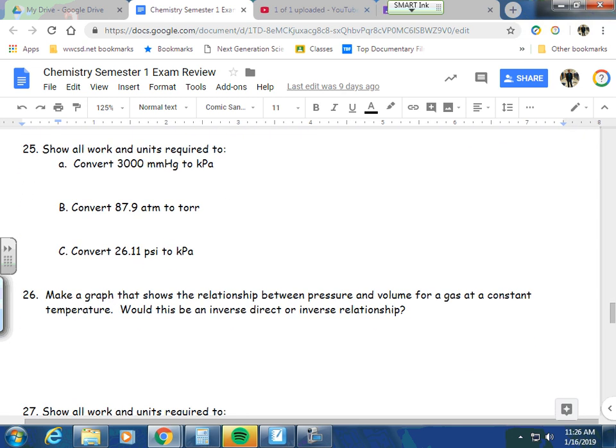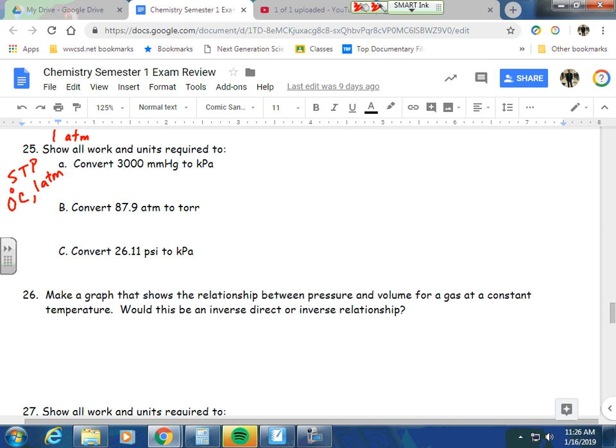Okay, work conversions. So you're going to be given some comparisons, some things we talked about. I told you guys if we start with just the basic 1 atmosphere, we talked about standard temperature and pressure, by the way, STP, which represents a gas at 0 degrees Celsius, that's a standard temperature, and 1 atmosphere of pressure.